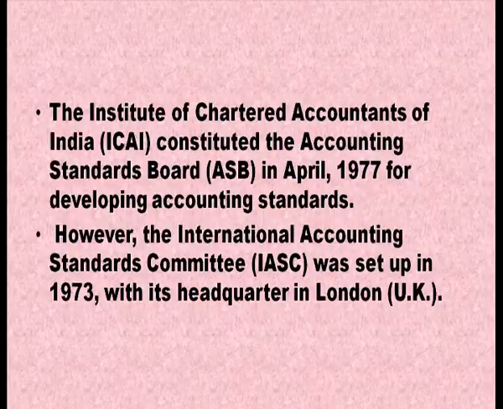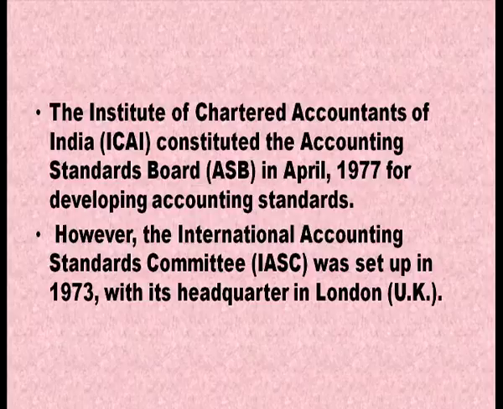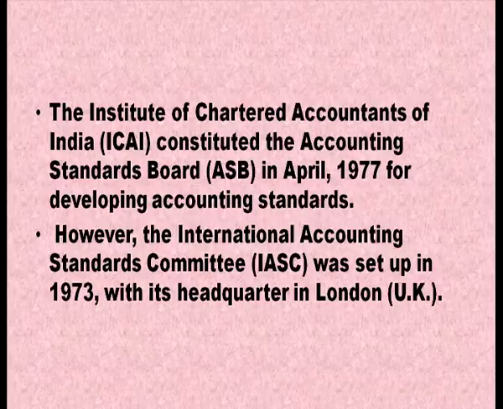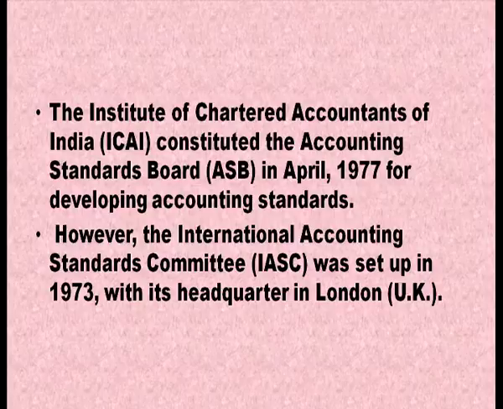The Institute of Chartered Accountants of India, that is ICAI, constituted the Accounting Standards Board, ASB, in April 1977 for developing accounting standards. So, ICAI constituted ASB for developing accounting standards. The International Accounting Standards Committee was set up in 1973 with its headquarters in London.